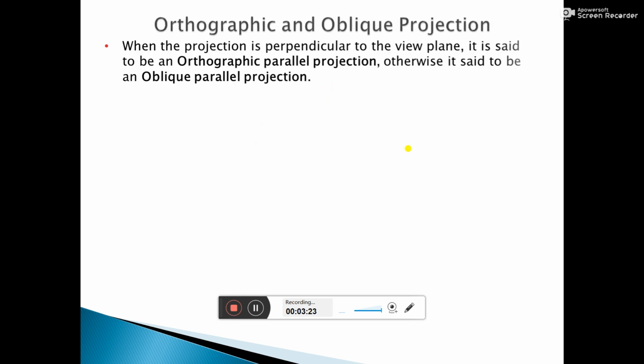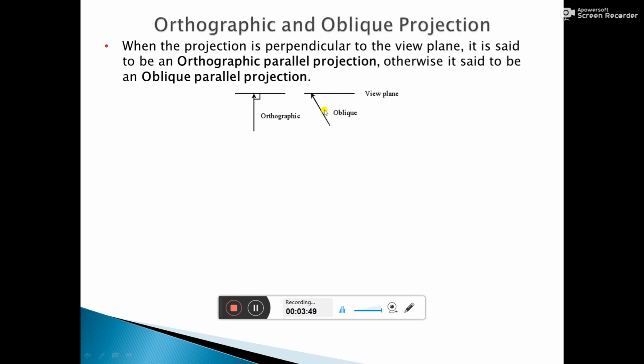Orthographic and oblique projections. When the projection is perpendicular to the view plane, it is said to be orthographic. See this diagram. The projection is perpendicular to the view plane. This is called orthographic. But in oblique projections, the projection is not perpendicular to the view plane.